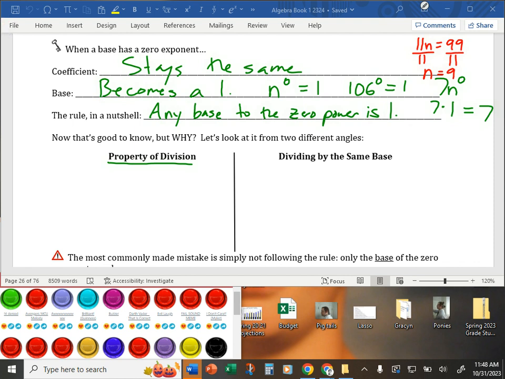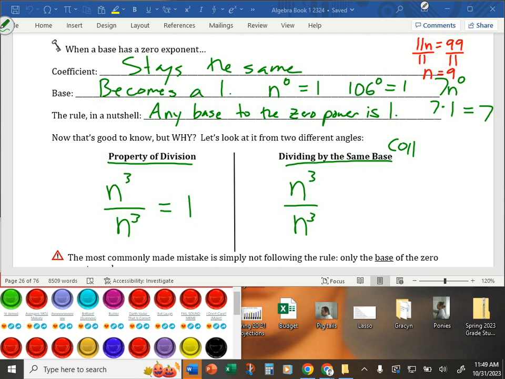If we take this in terms of powers, we can take something like n cubed and divide it by itself. What are we guaranteed n cubed divided by n cubed to equal? 1, because it's something divided by itself. Basic rule of division: anything divided by itself equals 1. Now, let's look at that same expression, n cubed over n cubed, in terms of CO11, dividing by the same base.